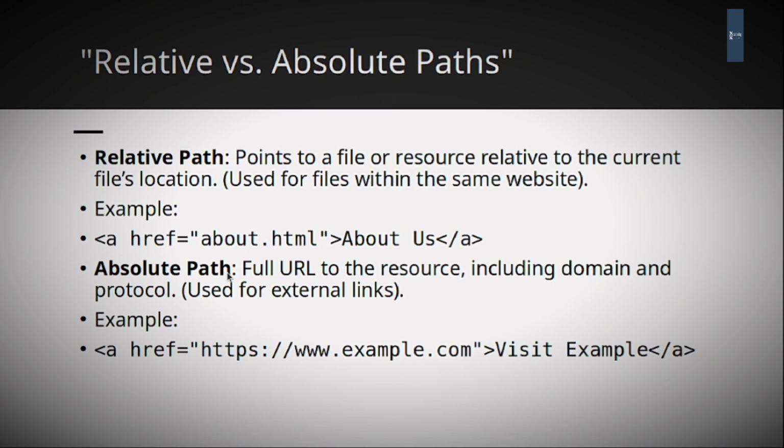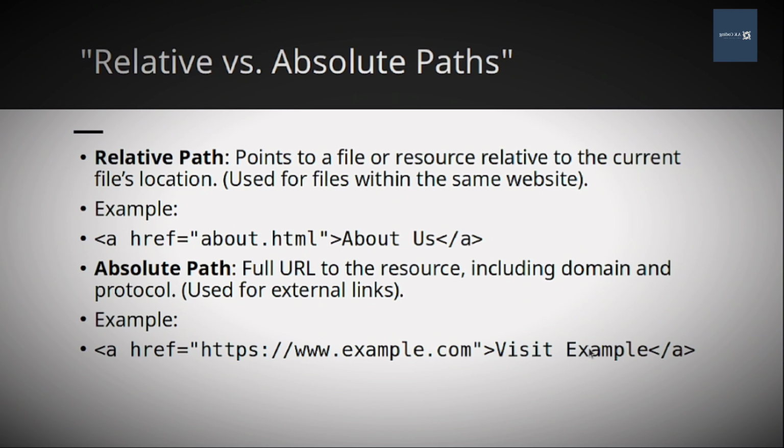And we have an absolute path, which is the full URL to the resource, including domain and protocol. For example, this is the HTTPS protocol, which refers to our URL, and we have a domain called example.com, and this means this is an absolute path.